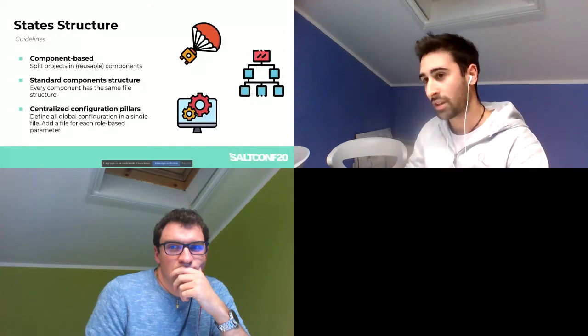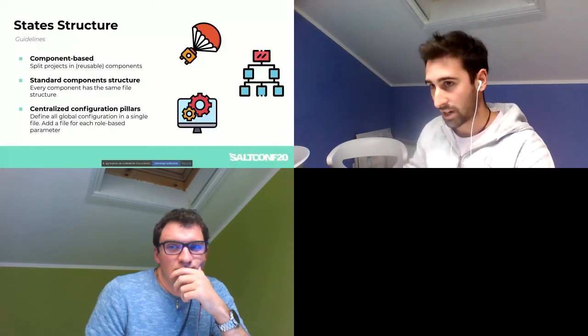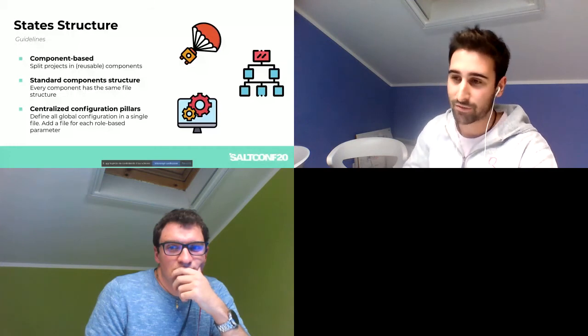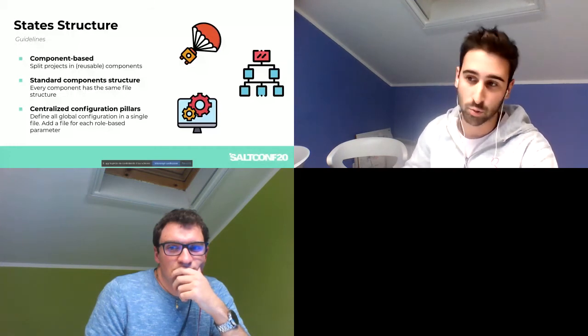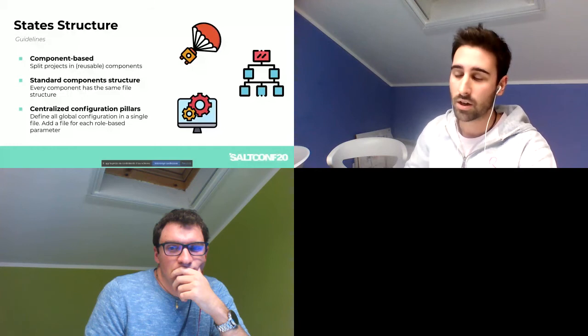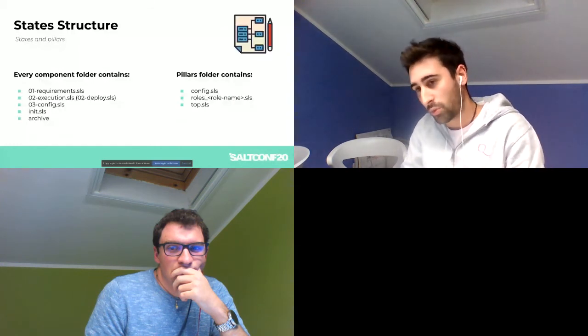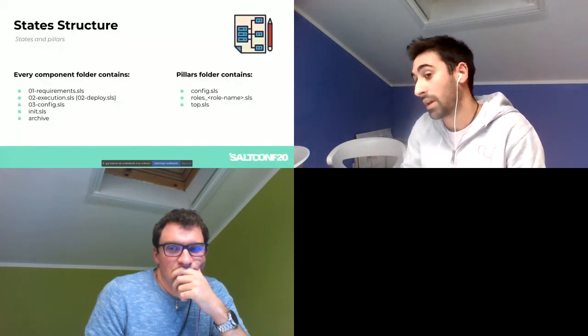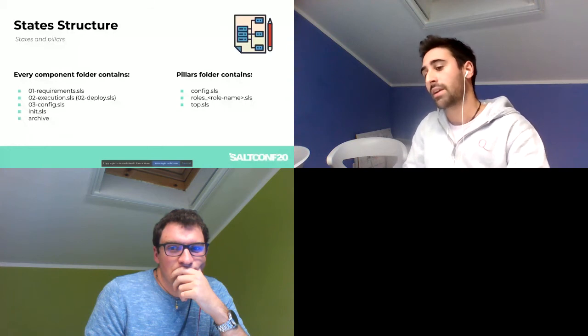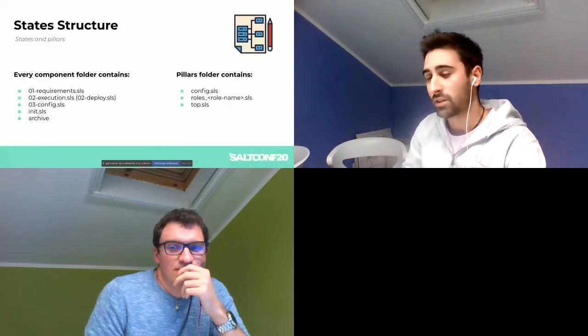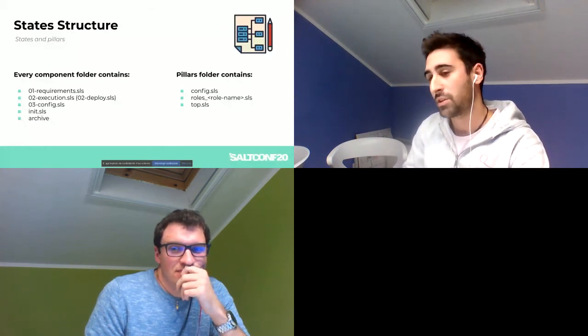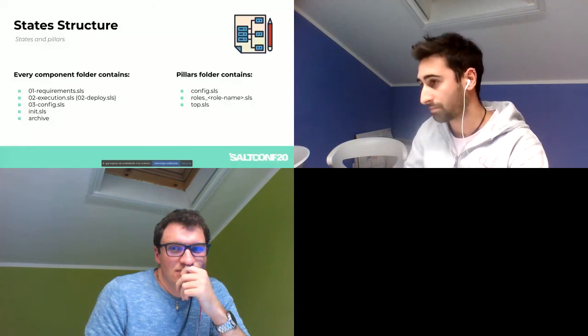But let's go in depth into the component structure. Each component must have three files: requirements, execution or deploy, and config. All your state declarations must be split between these three files. Of course, we have an init file that includes them, and we have an archive directory where we store every file that will be used during the automatic procedure.